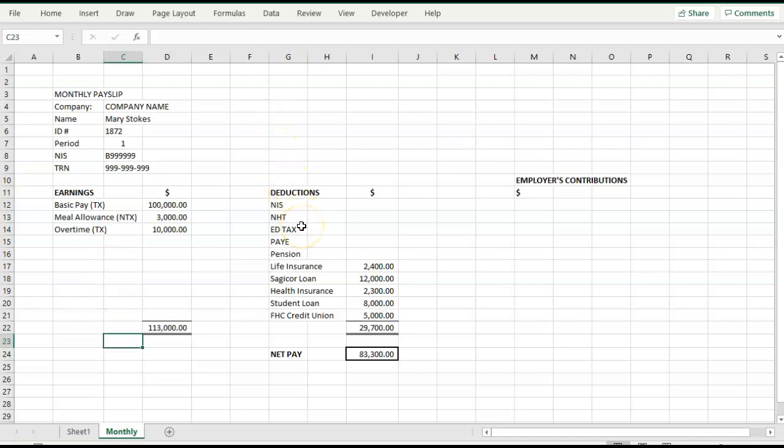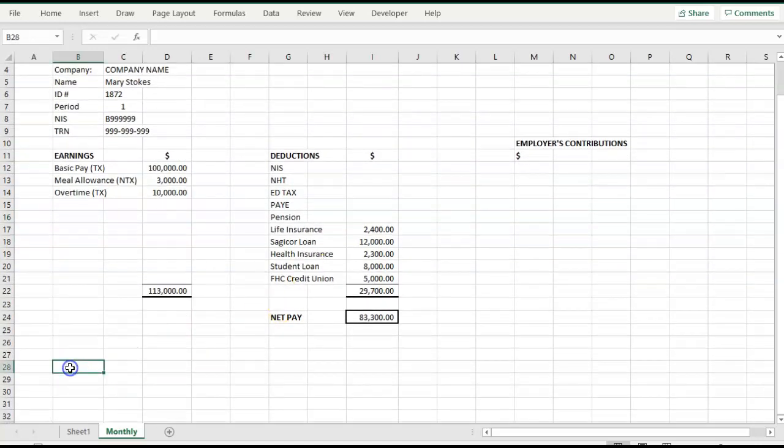Now, the first thing I want to look at is the pension. When you go to work at an organization, some of them have a pension arrangement. If that is the case, you have a choice to allow payroll to take 5% of your basic pay towards pension.